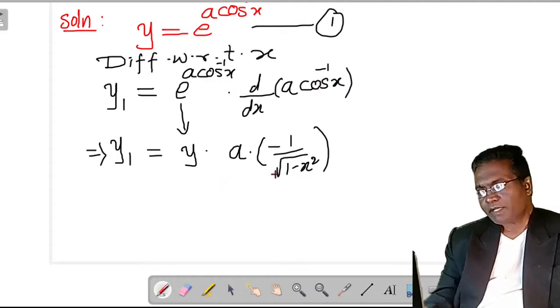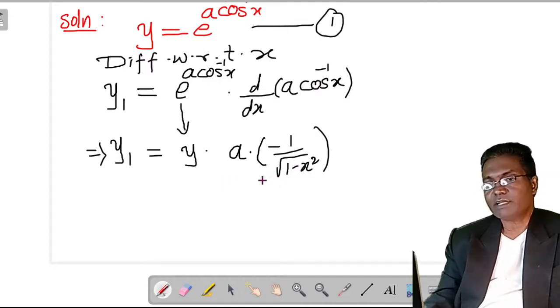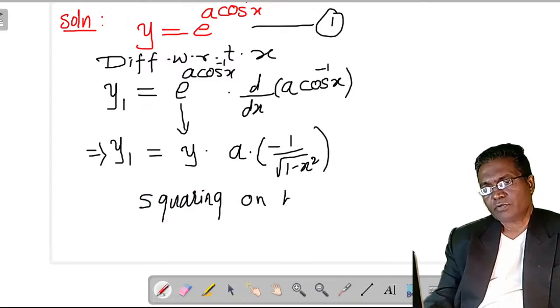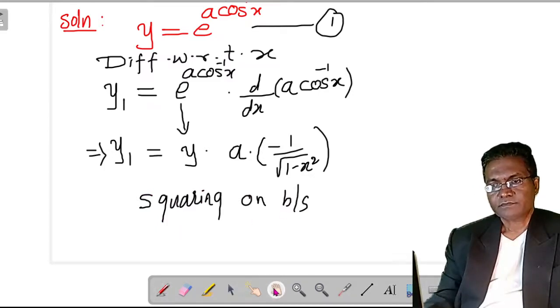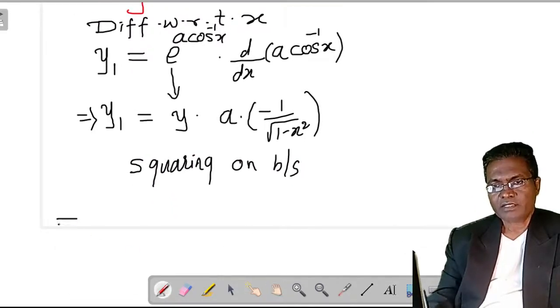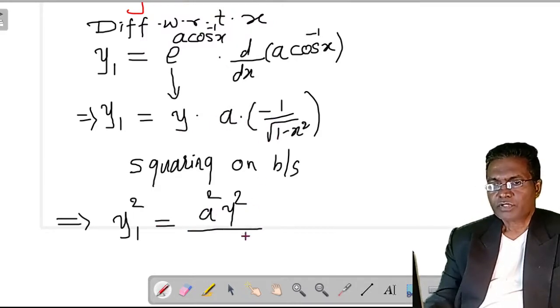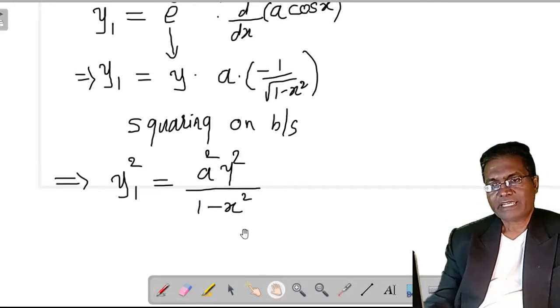So I told you in the beginning, in the previous example, whenever you get a square root term, square it. Squaring on both sides. So what will you get? y1 square is equal to a square y square, and square of minus 1 is positive, so I don't write it, divided by 1 minus x square.